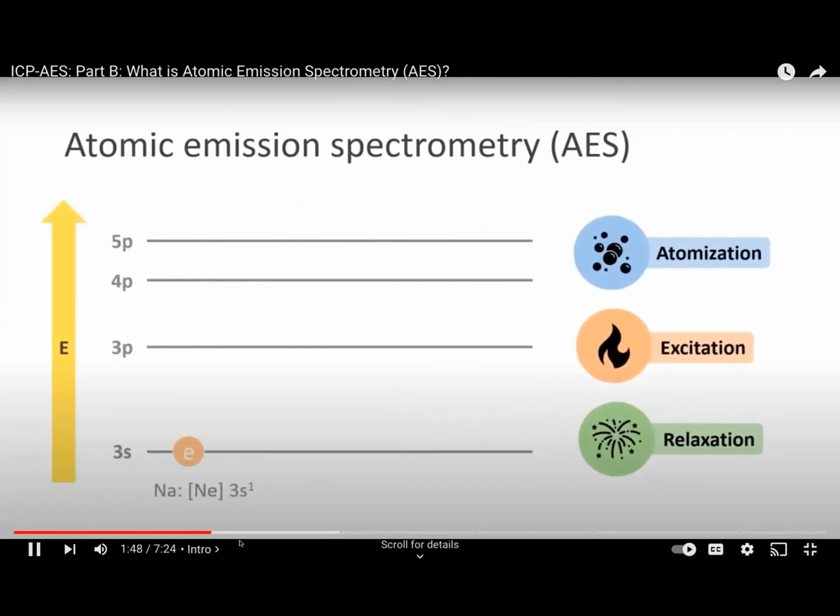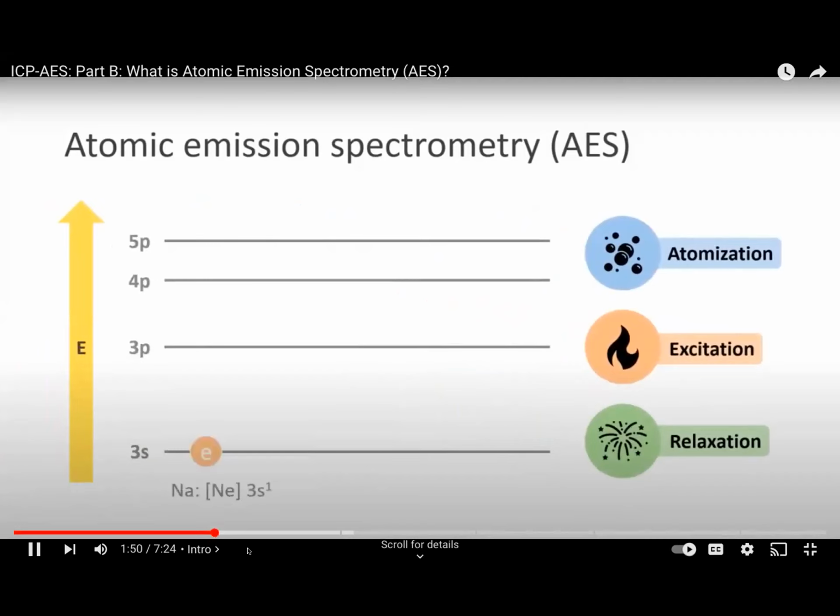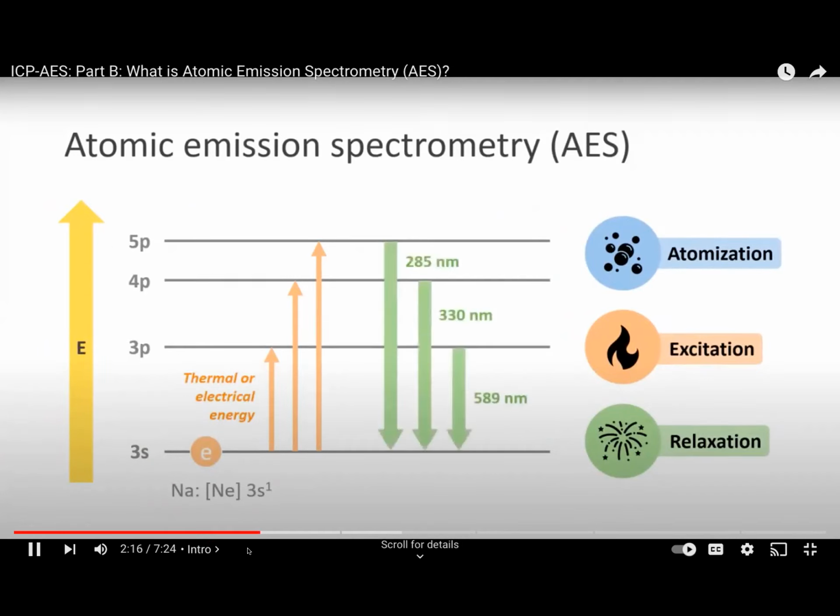Let's take a closer look at the sodium atom as an example. Sodium has one valence electron in the 3s orbital. If we supply enough heat or electrical energy, we can promote the electron from the ground state 3s orbital to 3p, 4p, or 5p excited state orbitals. After a few nanoseconds, the excited atoms relax back to the ground state, giving up the energy as atomic emissions.